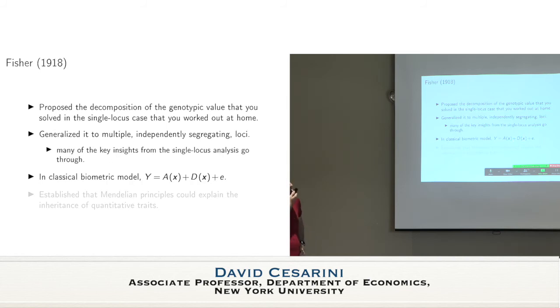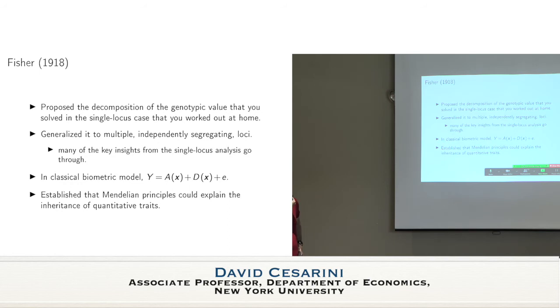Then he made a bunch of assumptions, and some of them turned out to be quite strong, and that's the point I want to make here. But the basic conclusion still held: the paper showed that you don't need any other rules for inheritance or any other basic principles to explain the inheritance of things like height or other quantitative traits.